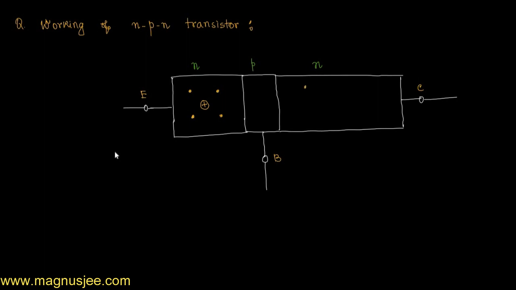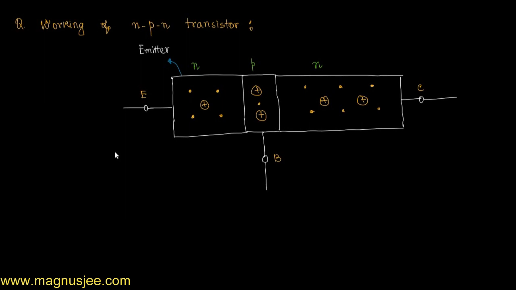And on the right hand side, in the N-type collector, the majority charge carriers are conduction electrons, and circled positive signs are the holes. Similarly, in the P-type base, holes are the majority charge carriers, and dots, the conduction electrons, are the minority charge carriers.